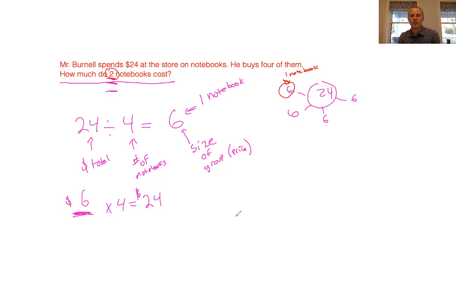So I need to say $6 is the size of my group times 2. That's the number of groups or number of notebooks. Equals a total, and we can solve 6 times 2 is 12.